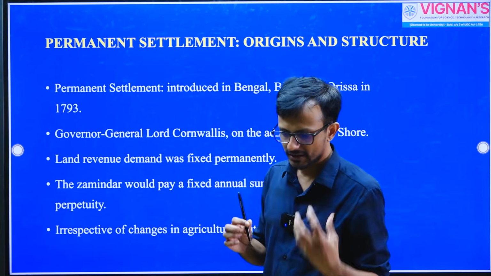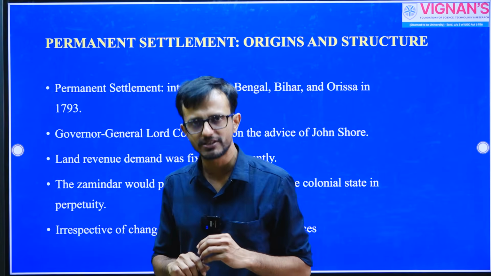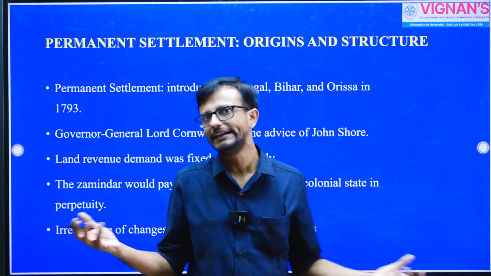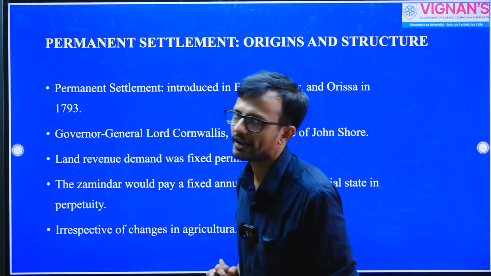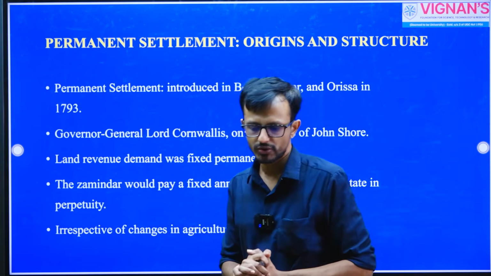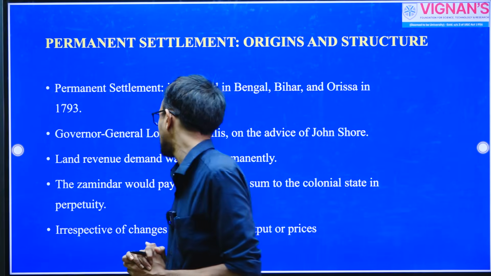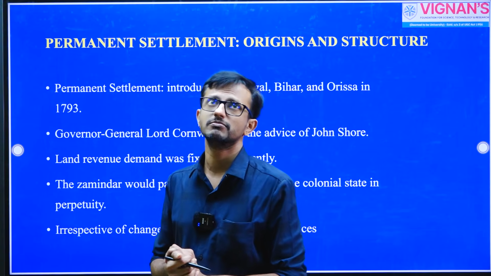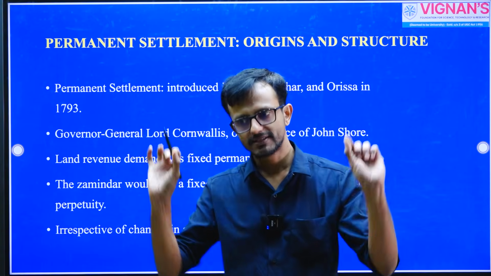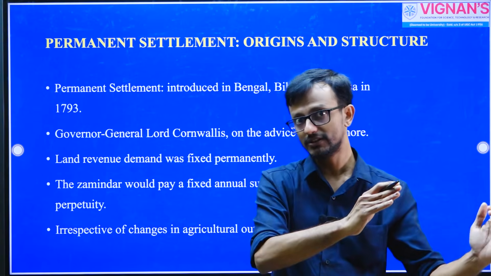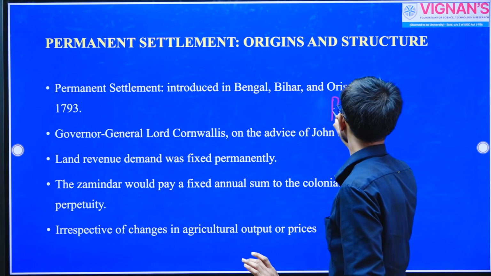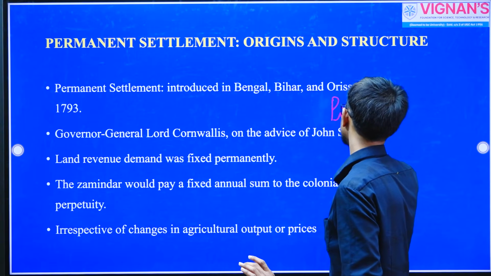So let's get into permanent settlement. It was originally implemented towards the end of the 18th century, around 1793. Permanent settlement was introduced by Lord Cornwallis, who was the governor general. I had told you that the zamindars were the owners of the land. One important point that we need to remember is that the land revenue that the zamindars had to pay to the colonial state was fixed in permanence, or what we call perpetuity.